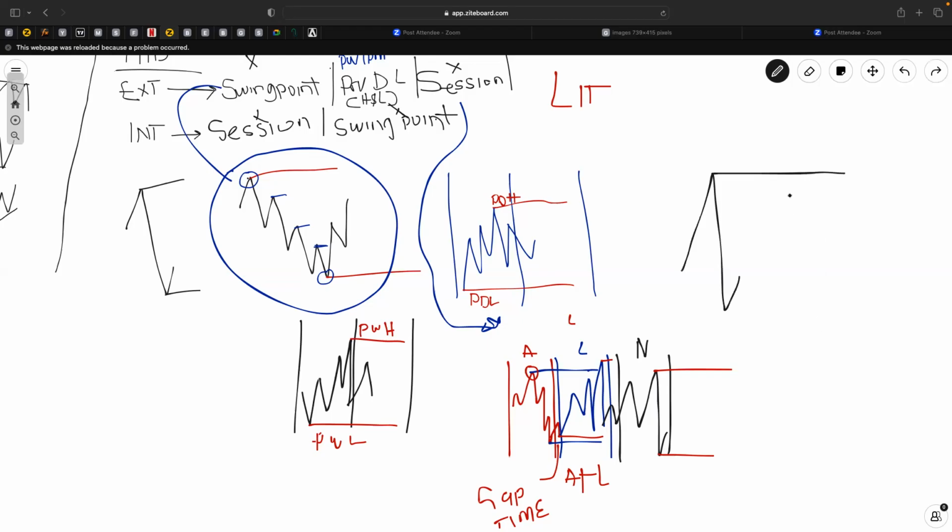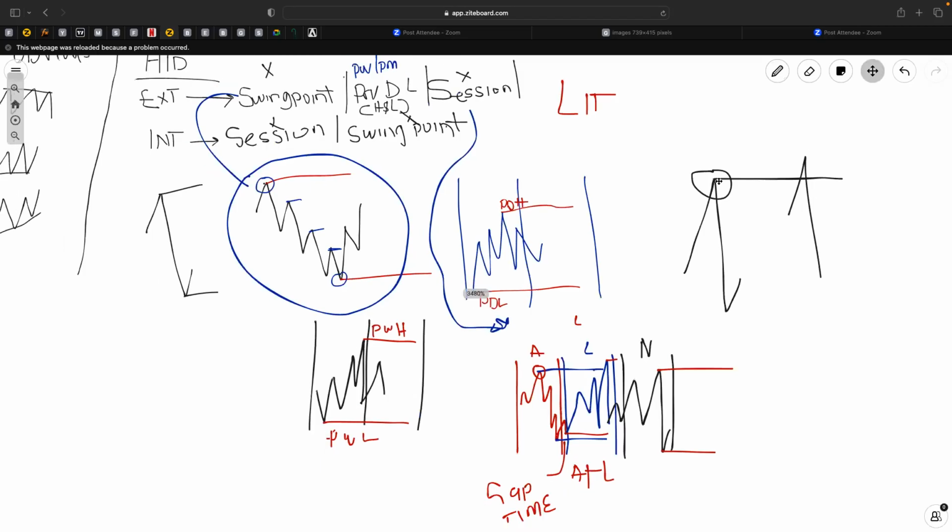The purpose of liquidity is to be grabbed. It is not to cause reversal. But there are some certain scenarios whereby that liquidity would require market to reverse. That is, if that liquidity is an inducement liquidity.